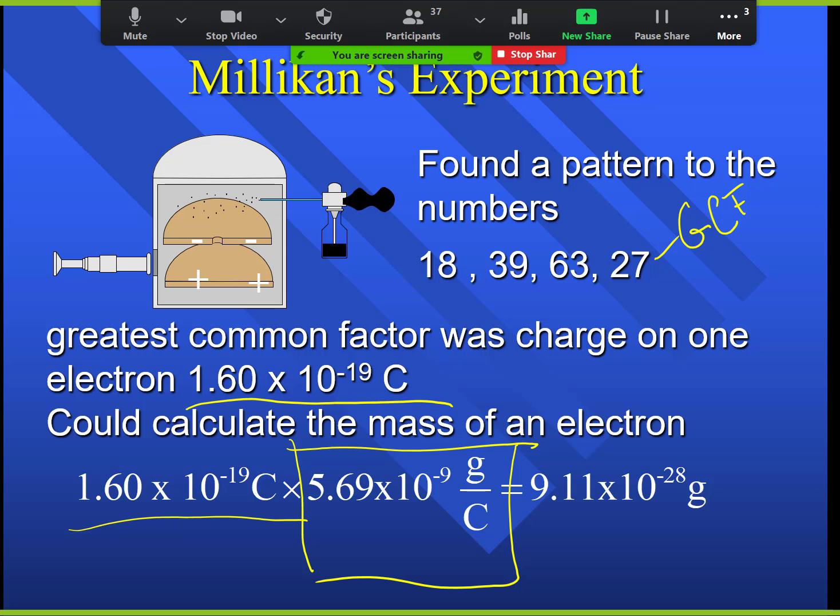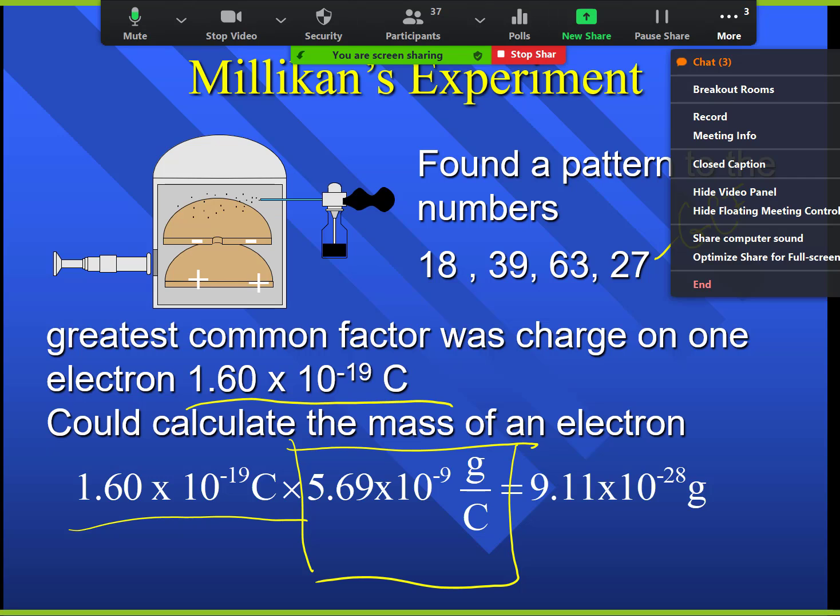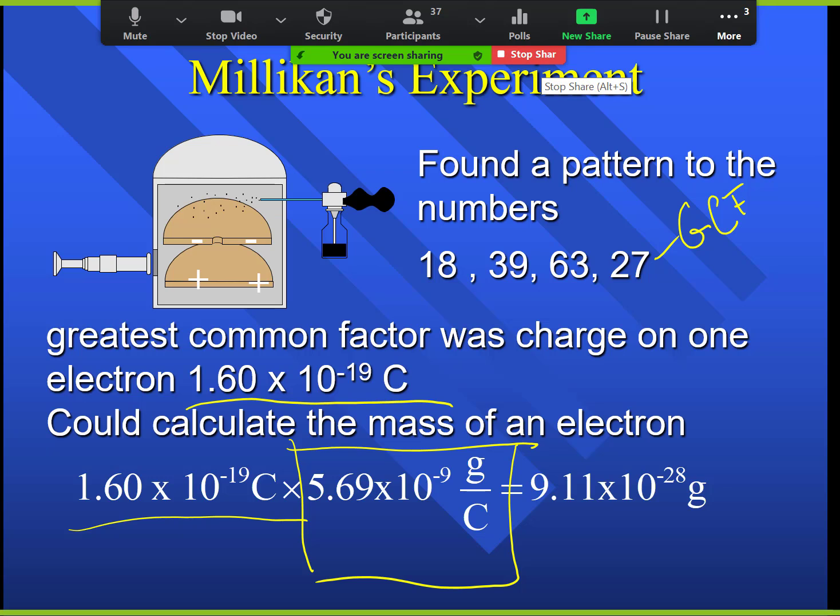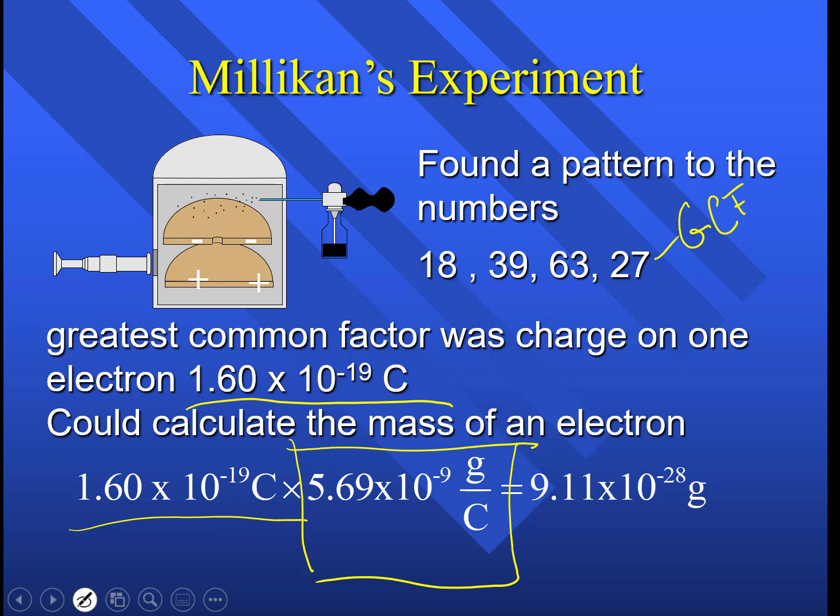Electron would be a little bit smaller than that. So that's how they figured out that there were electrons, and what electrons were like.